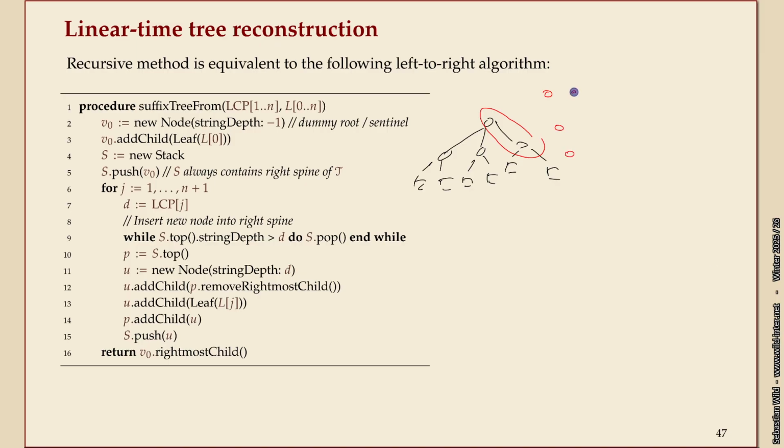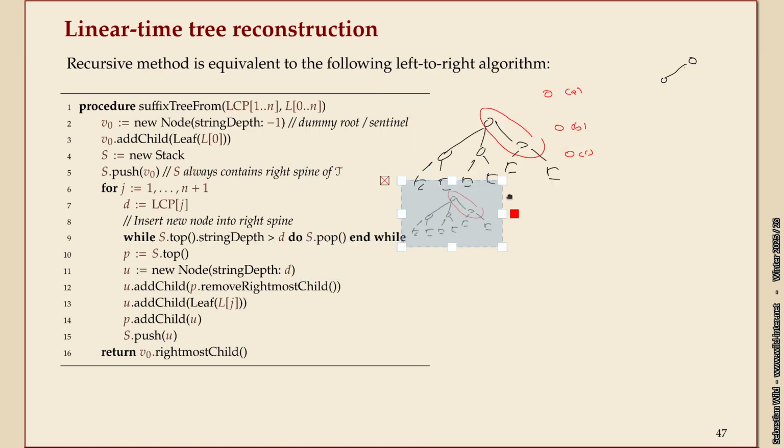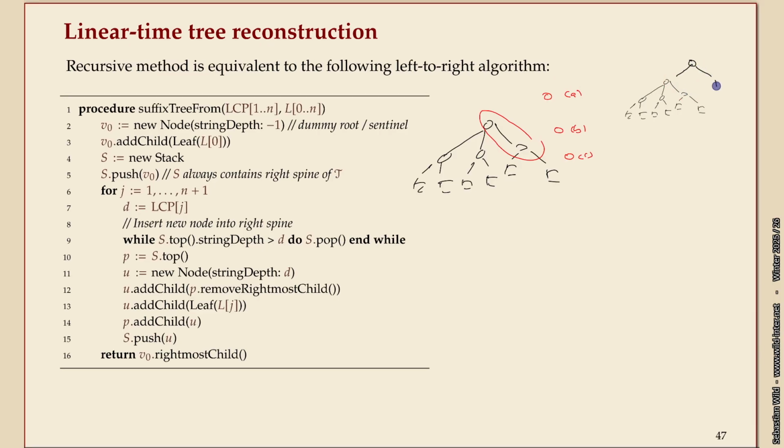In this first case, we would have the new node as the new root, and essentially the rest of the tree is a left subtree. And there's one new leaf that also comes into existence. That's for part A. That's if the new node has a smaller LCP value than all the previous ones.